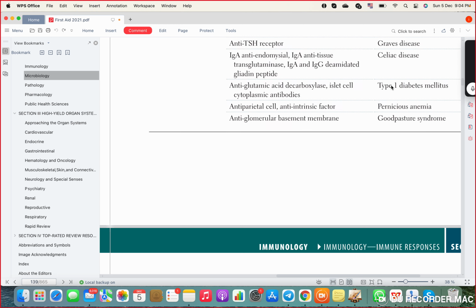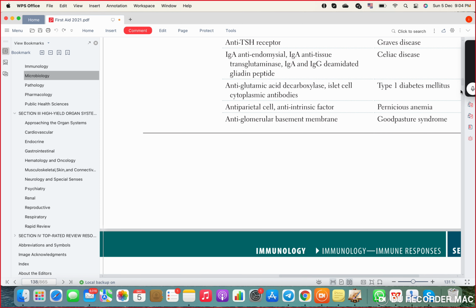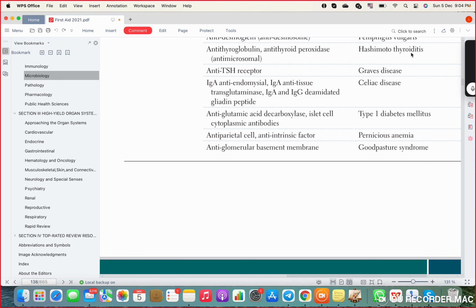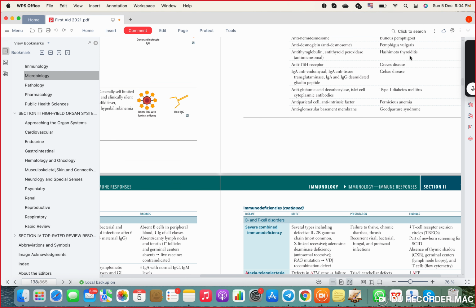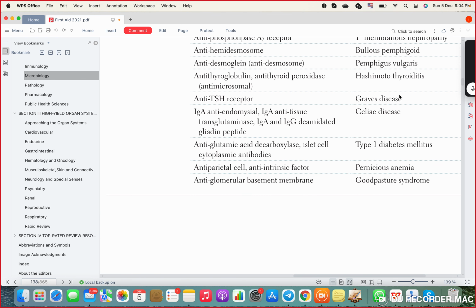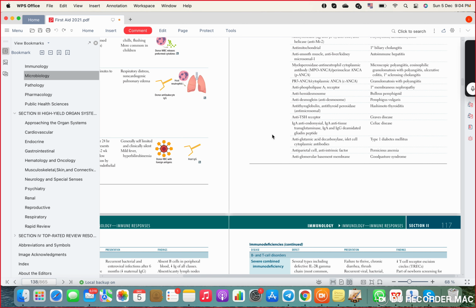No. Anti-glutamic acid decarboxylase, that's type 1 diabetes. For celiac, it's the transglutaminase. I was exact about this one because they sound the same, you know? So anti-transglutaminase is celiac, and anti-glutamic acid decarboxylase is diabetes.